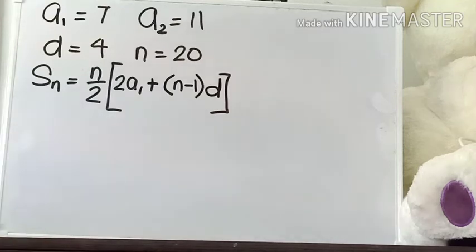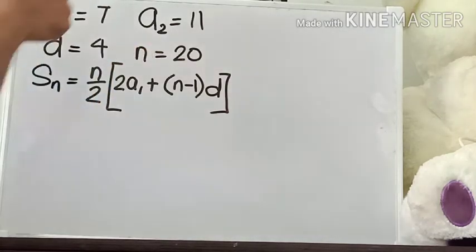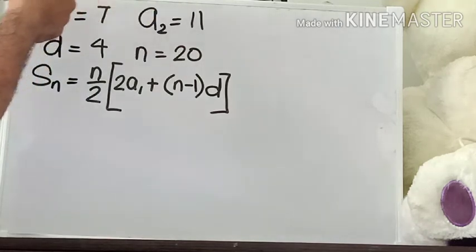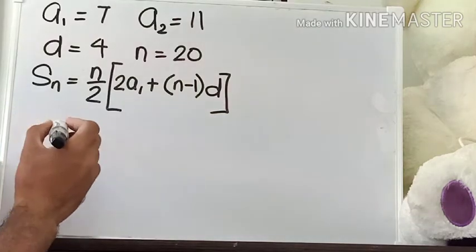We have a way to derive the formula based on the formula S sub n is equal to n over 2 times the first term plus the last term. So this time we are going to plug in the values of our first term, of our common difference, and the number of terms. Not so much with the second term. We only use the second term and the first term to obtain our common difference.